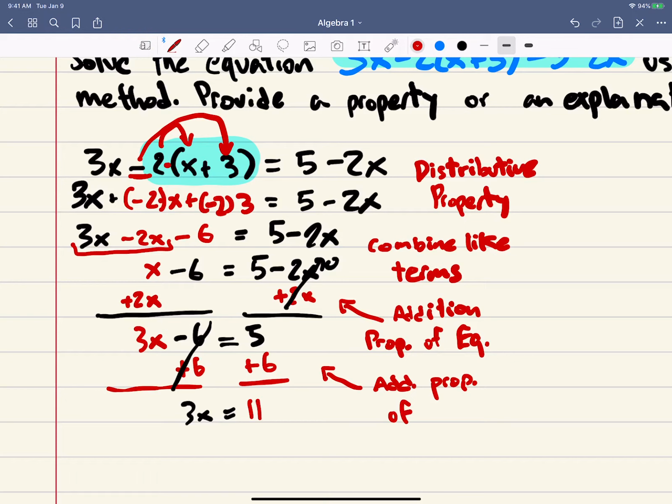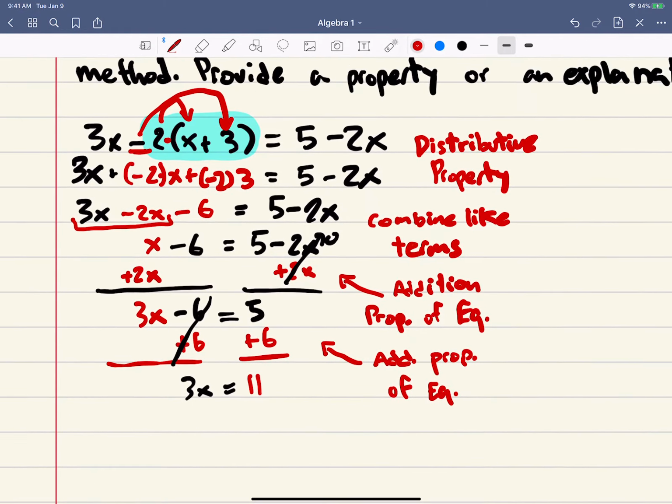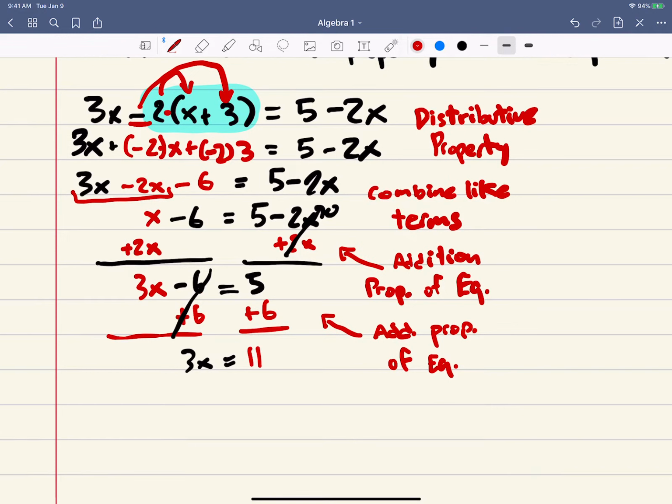Now for the final step, all you gotta do is divide both sides by 3. This is gonna go away. I'm going to get x is equal to 11 over 3. And that's the division property of equality.